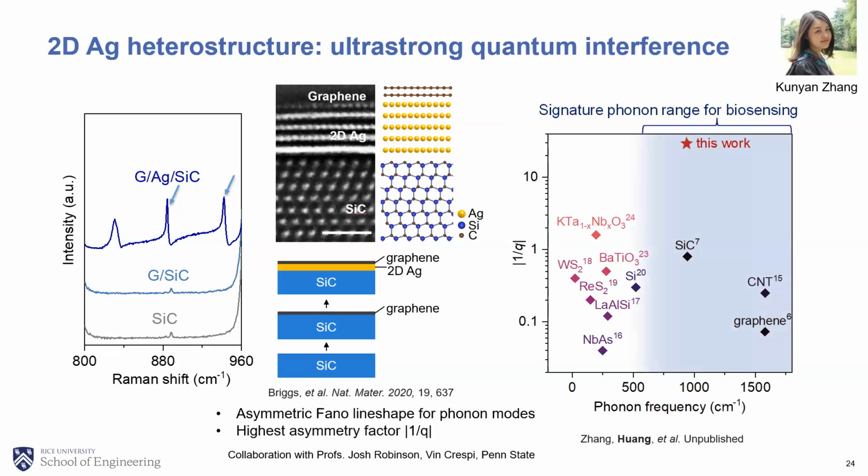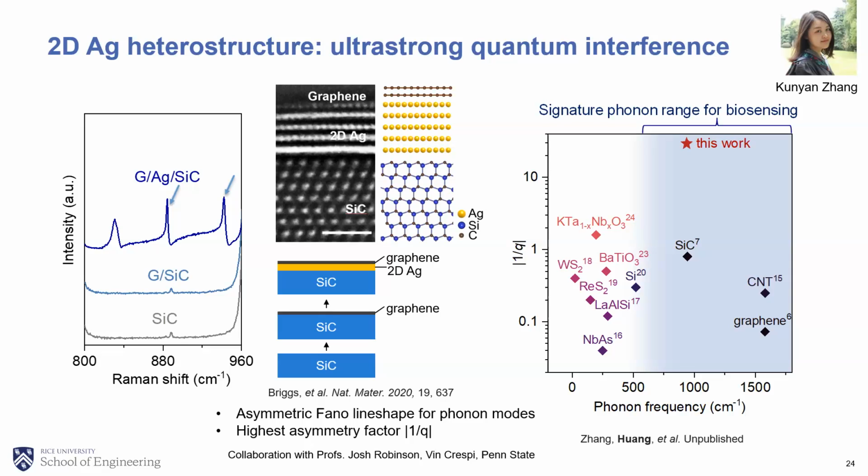So these asymmetric modes are actually called Fano line shape, and the origin of these Fano peaks is the interference between a discrete phonon mode and a continuous mode. The higher the coupling strength is, the more asymmetric this mode is. Actually, in this 2D silver sample, we observe a very high asymmetry factor, which means the coupling strength for these modes is very, very strong.